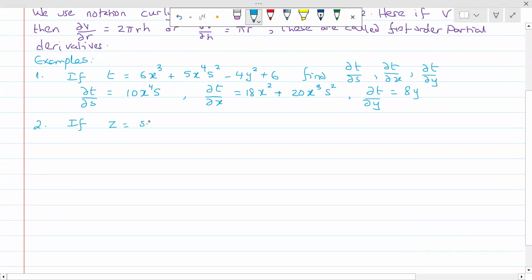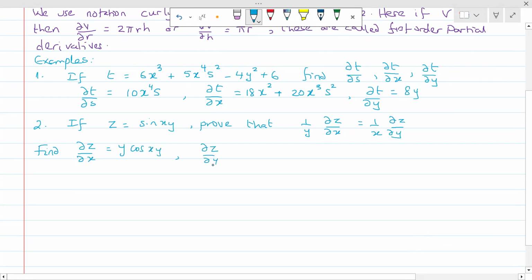If z equals sine of xy, prove that 1 over y partial z partial x equals 1 over x partial z partial y. So what we will have to do is first find partial z partial x. You look at this with respect to x, it means y is a constant, so y goes outside. Similarly, partial z partial y becomes x cos of xy.